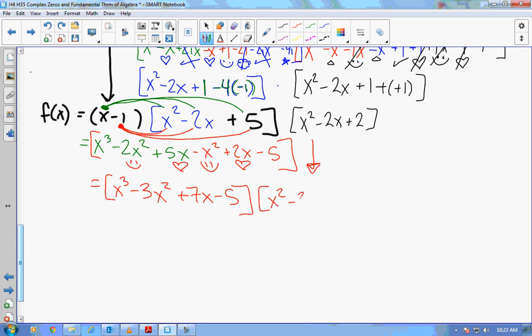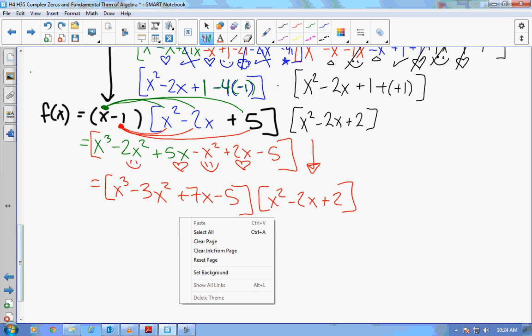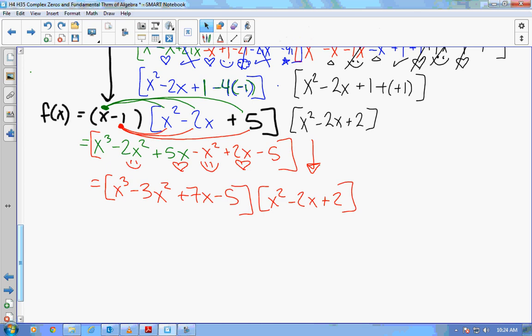X squared minus 2x plus 2. So, if this one has 4 terms, and we're timing it into something that has 3 terms, how many terms should pop out? 12. 4 times 3 is 12, and then some of them will be like terms that you can put together. Okay, will you go through and do that last distributive property? Find your like terms, and then we finally have the standard form.